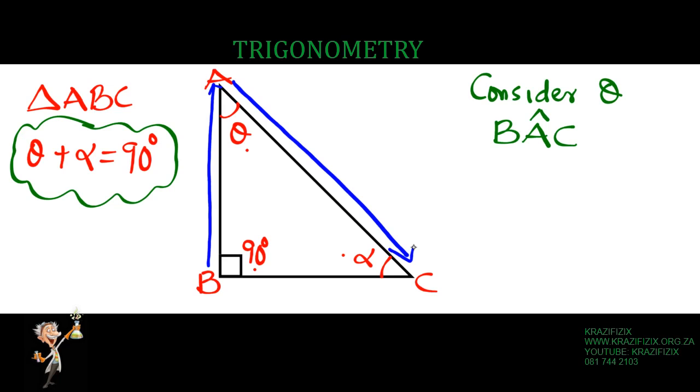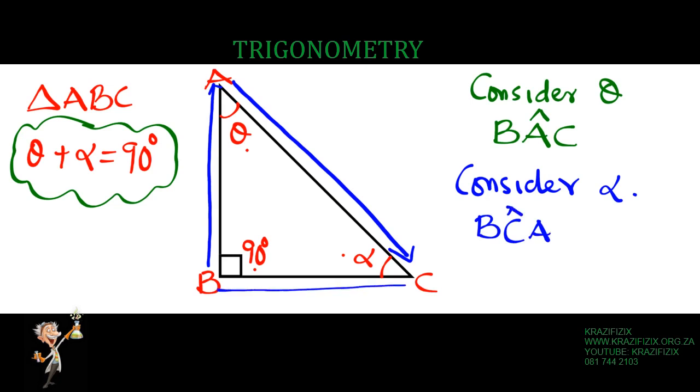If I say consider alpha, what will it be? It will be BCA. So you have B, you go to C, and then to A. Or somebody could call it ACB. Still the same.